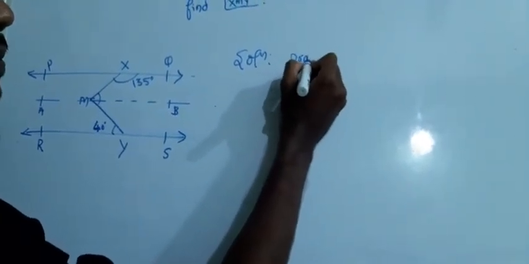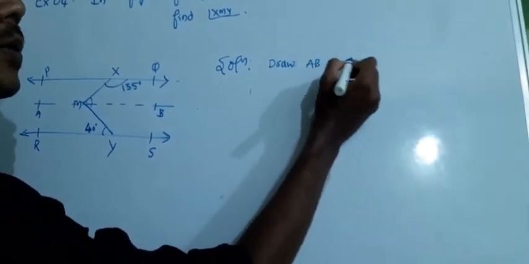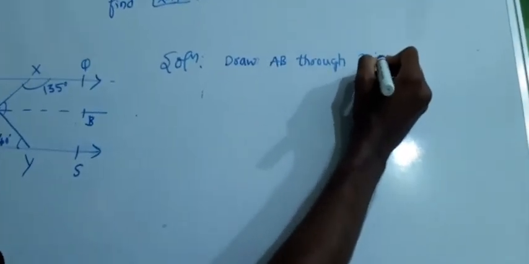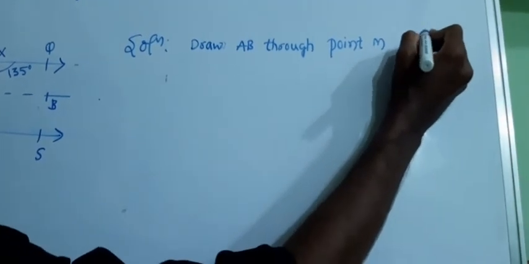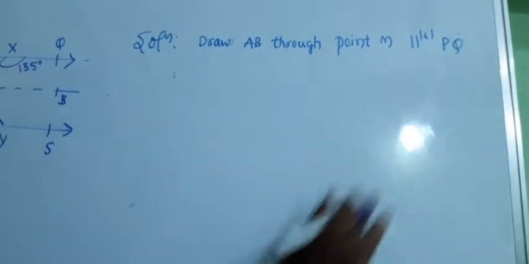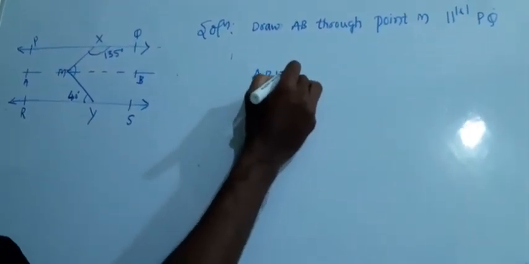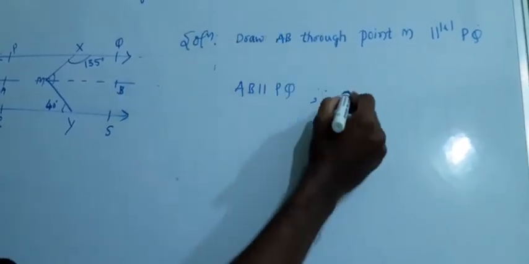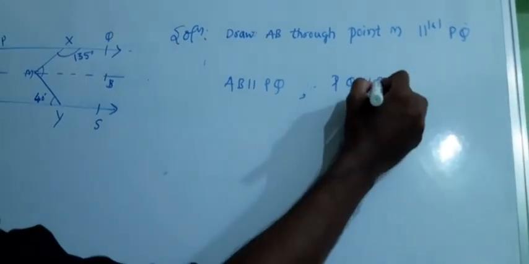Draw AB through point M parallel to PQ. Now, AB is parallel to PQ and PQ is parallel to RS, given.